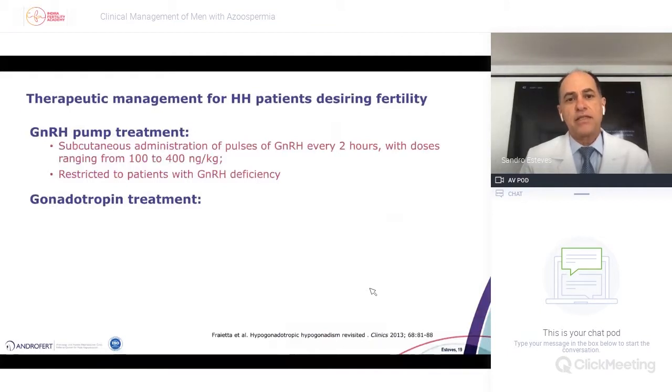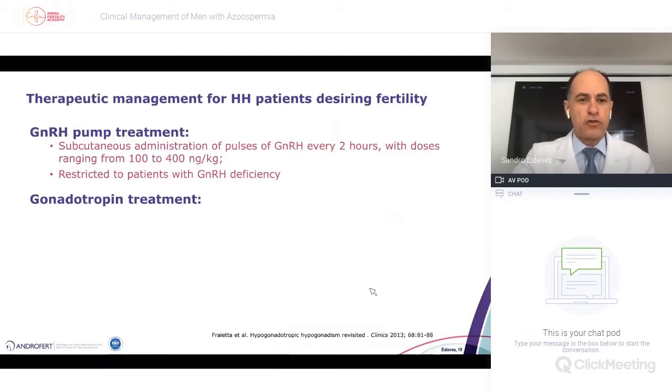For instance, patients with Kallmann syndrome could be an opportunity to treat with GnRH pump treatment. However, the treatment often requires expensive medication and sometimes the need to implant the device subcutaneously that will release the GnRH pulses every 2 hours.